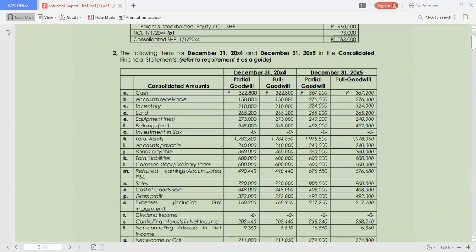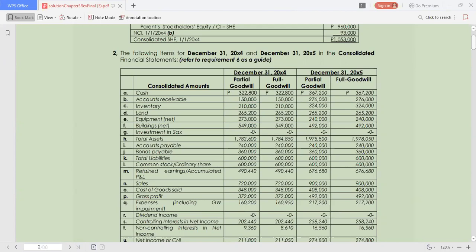Now we have the total assets of 1,782,600 as for the partial goodwill, and the full goodwill of 1,784,850.